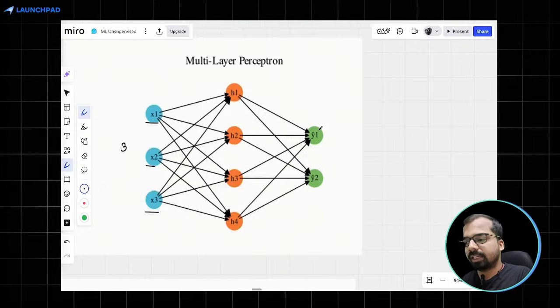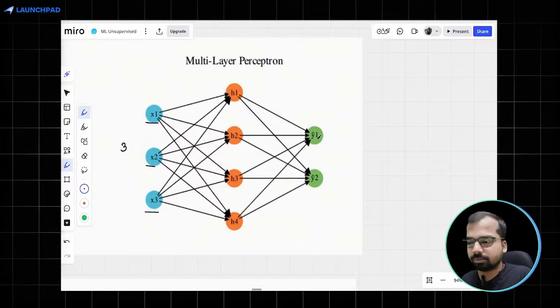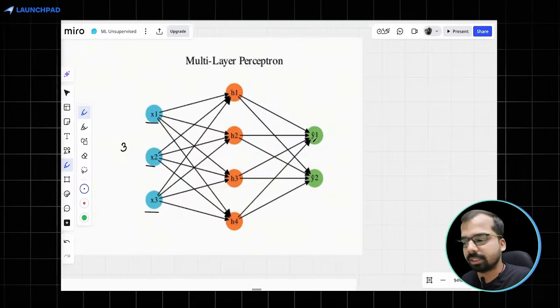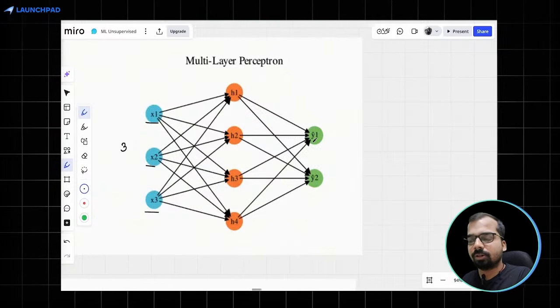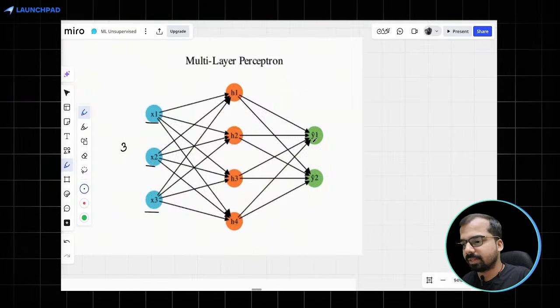Here we have 2 nodes in the final output layer, but you can have more than 2. If it was a binary classification problem, we could have 2 nodes. If it is differentiating between cat, dog and mat, then you can have 3 nodes, and so on.